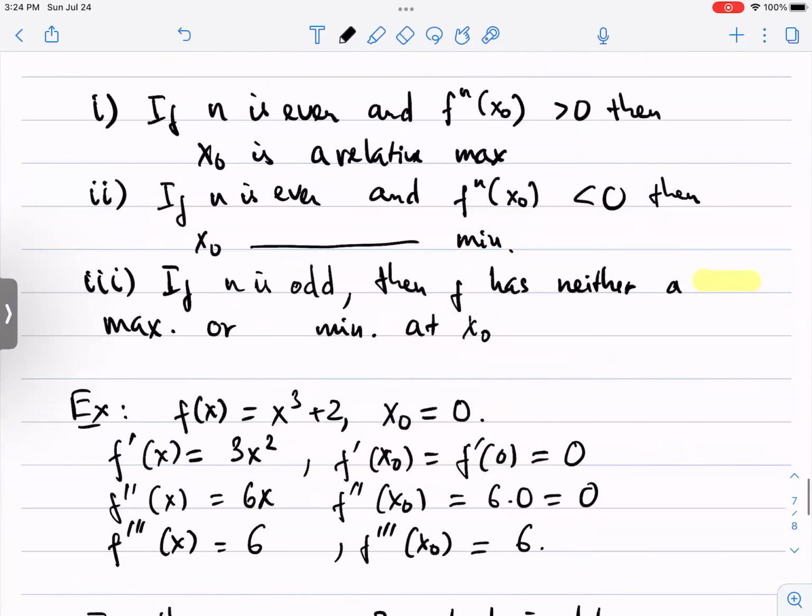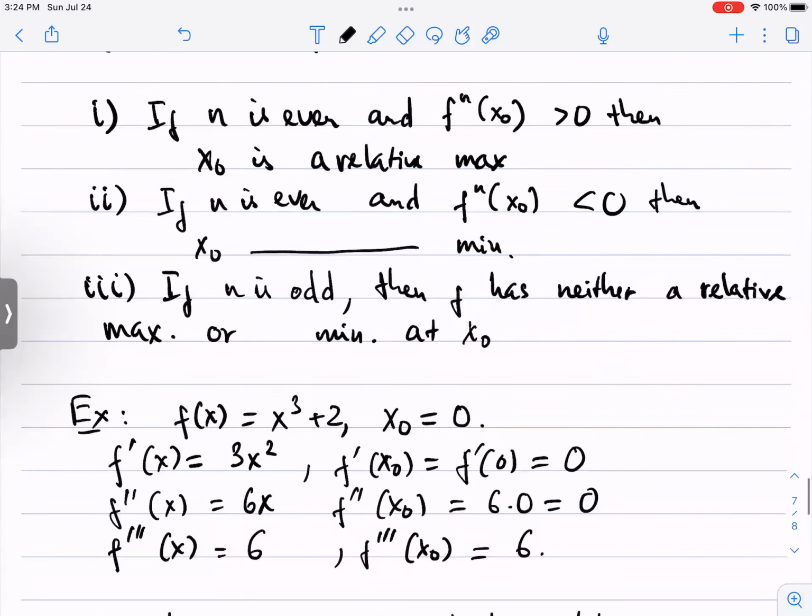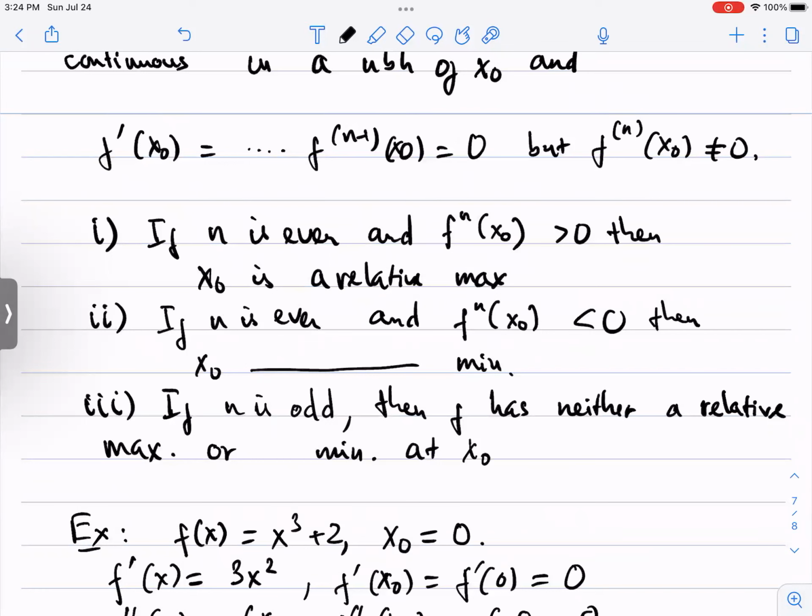If n is odd, then f has neither a relative maximum nor minimum at x0. So you can see clearly this is the generalization of the first derivative test.